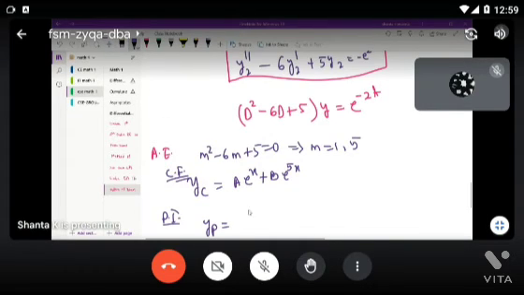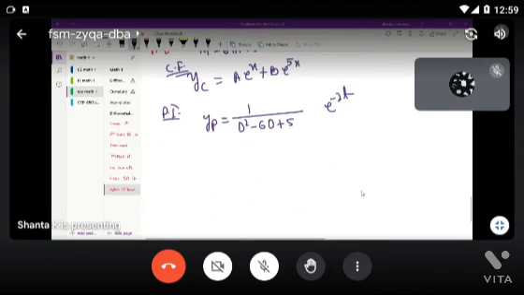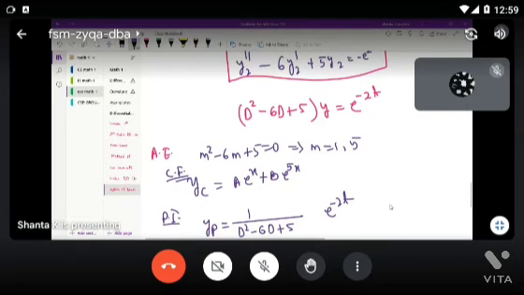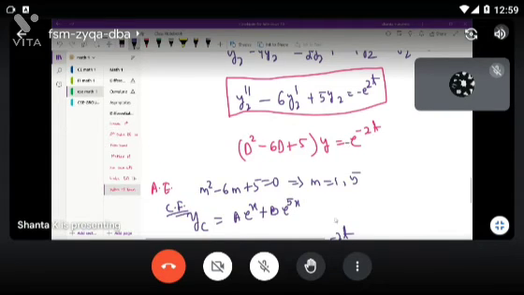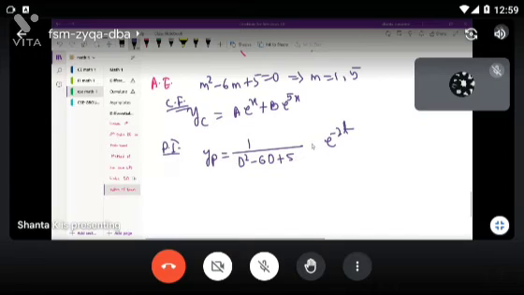So here 1 by D squared minus 6D plus 5 of e to the power minus 2t. Yes, what did I miss? The minus sign, yes, thank you. The minus sign is missed, so here we'll put the minus sign.